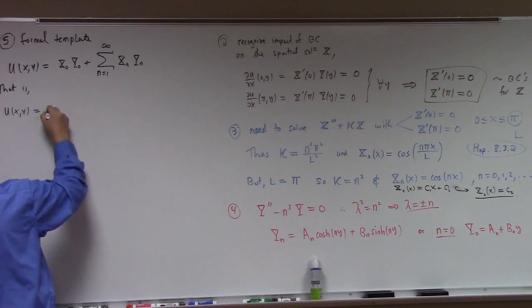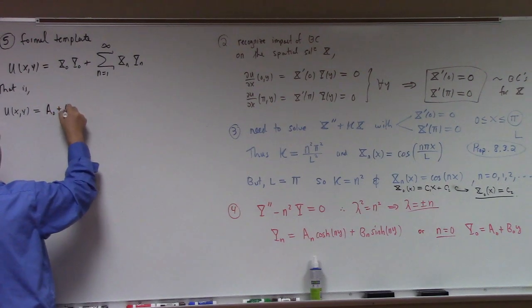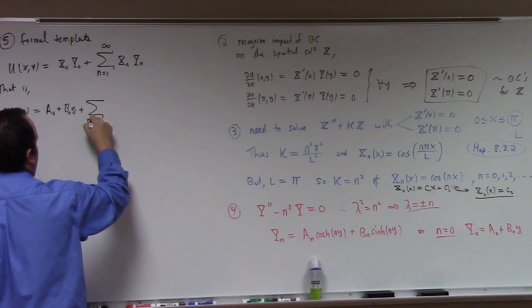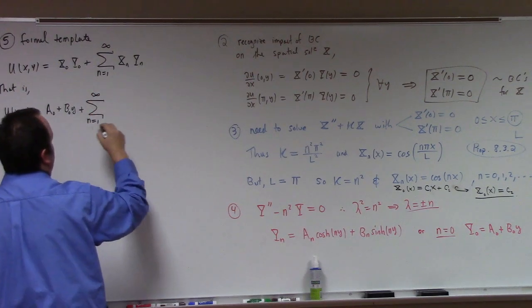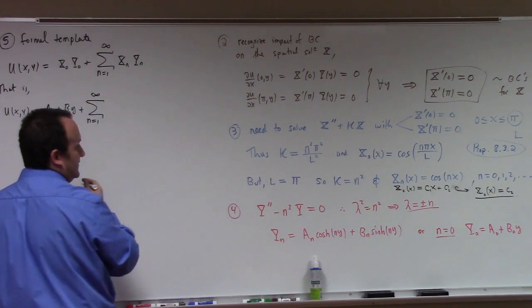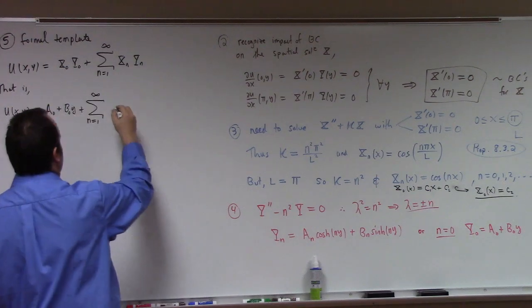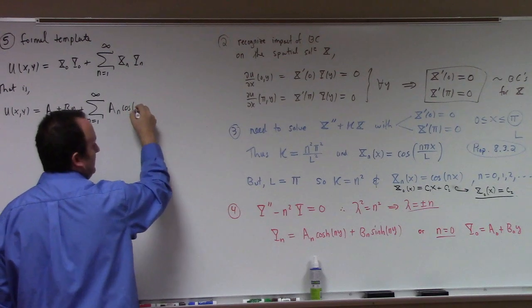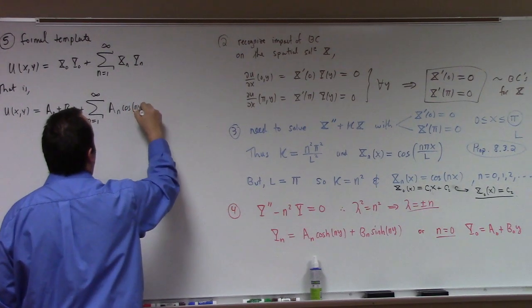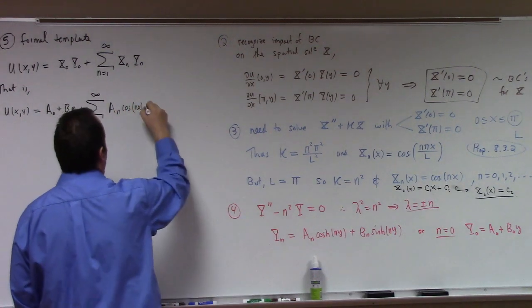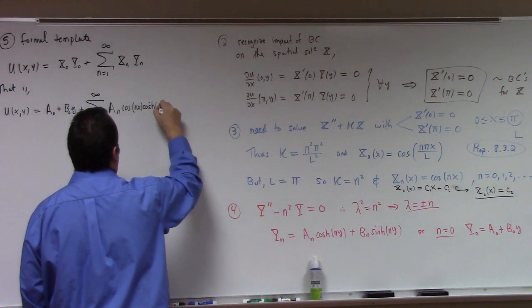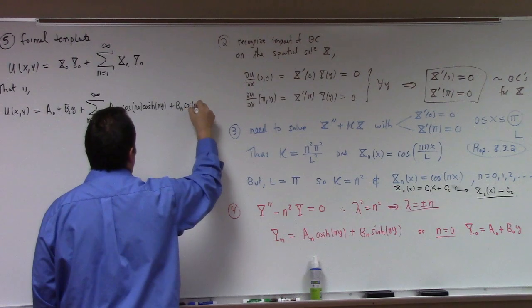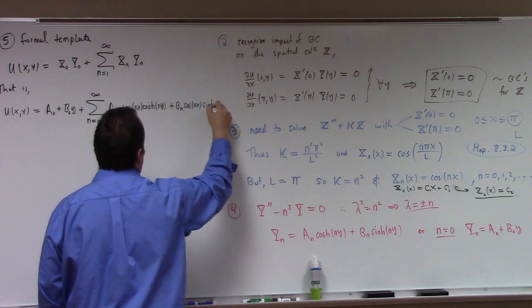So without loss of generality, we have a0 plus b0y plus the sum n equals 1 to infinity of X of n, which was cosine nx. I'll write the an first: an cosine of nx cosh of ny plus bn cosine of nx sinh of ny.